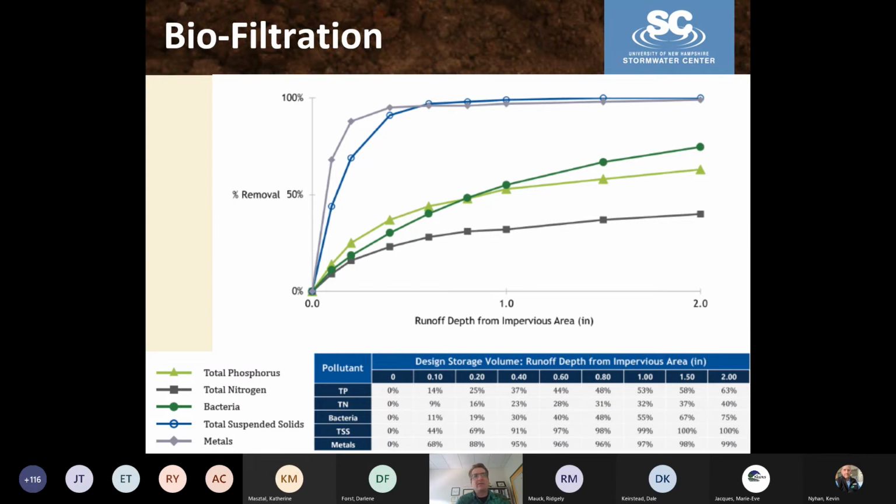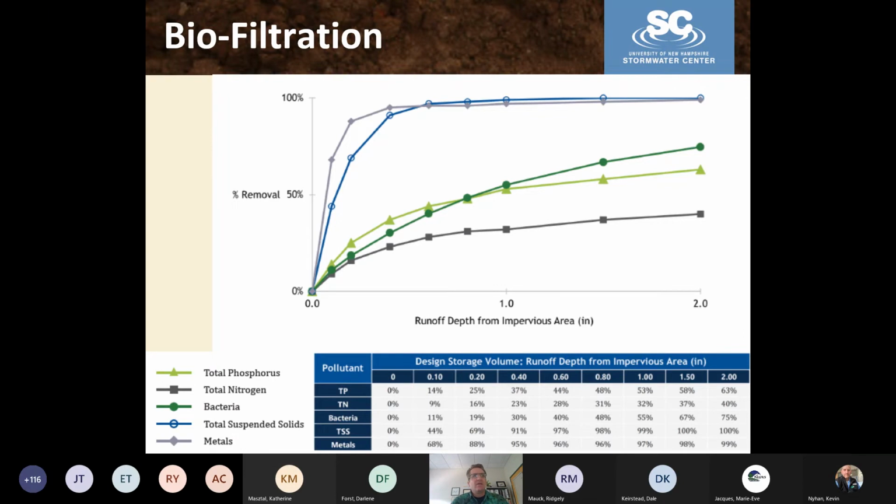So in this particular performance curve, you're not getting attendant reductions from infiltration because the idea is that you're not infiltrating.